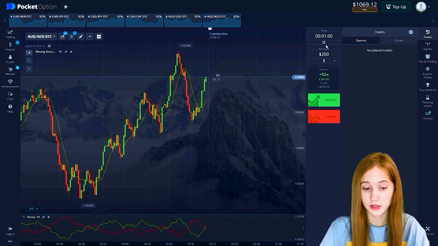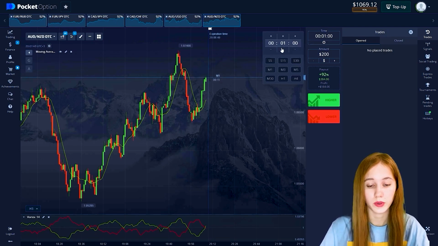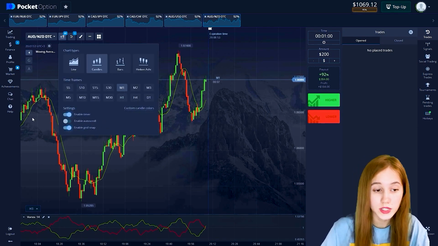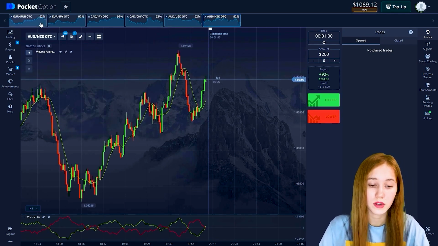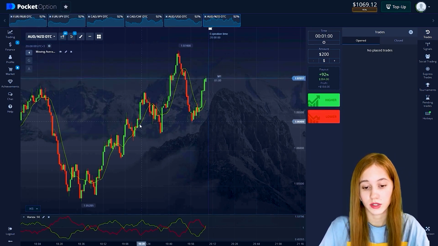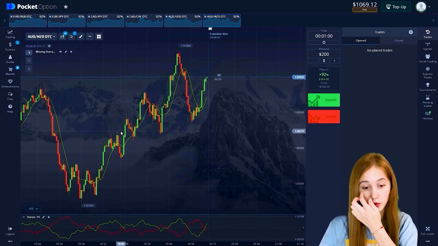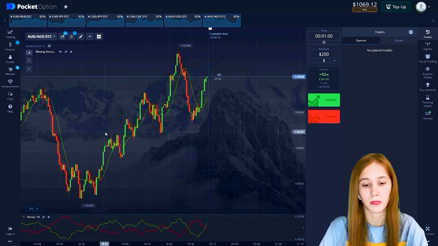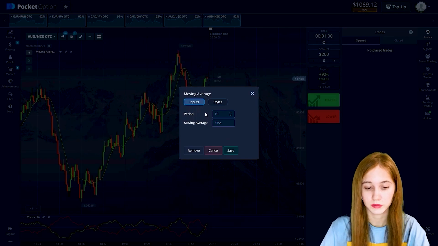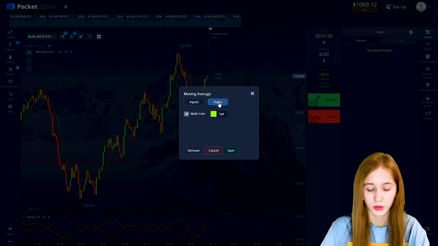We used a 1 minute time frame and currency pairs. We had percentages more than 70%. It's very important. Next, we use technical analysis for general analysis and 2 indicators: moving average, the settings. Then copy it and Quotex.